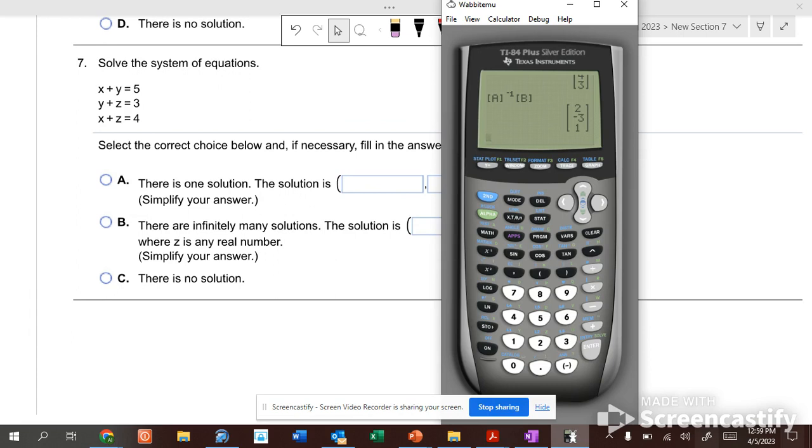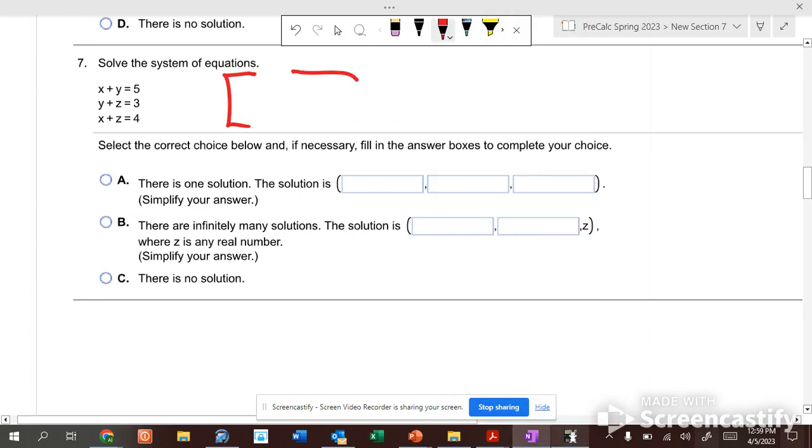Well, what's the matrix going to look like in matrix form? Because you have x plus y, y plus z, and x plus z. So it's going to be 1, 1, 0 for x and y, 0, 1, 1 for y and z, and 1, 0, 1 for x and z.